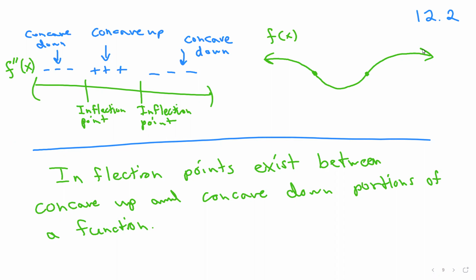I did want to note that inflection points exist between concave up and concave down portions of a function. And so you'll be able to notice them by looking at the concavity of a particular function and noticing that the concavity changes from either being positive to negative or from being negative to positive.